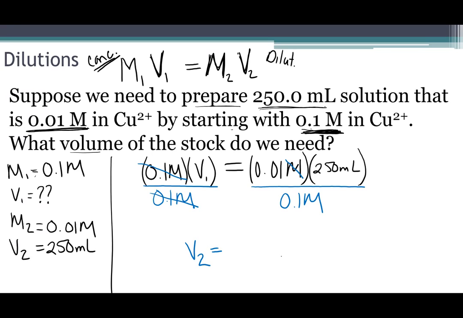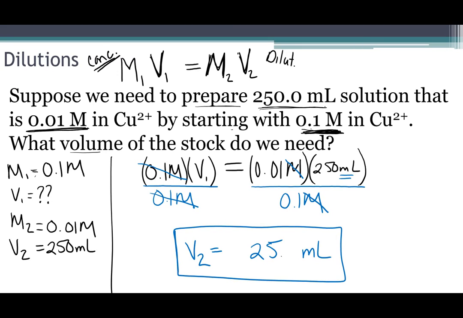Molarity on top, molarity on the bottom, those cancel, and we're left with the units of milliliter. Okay, so now we can pick up our calculator, and we're going to type in 0.01 times 250 divided by 0.1 equals, and the volume is 25 milliliters.